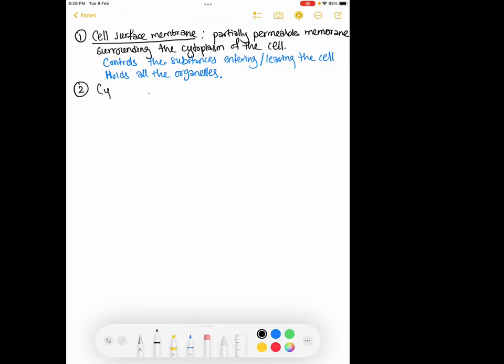Number two is cytoplasm. Cytoplasm is just a gel-like matrix embedded with organelles.